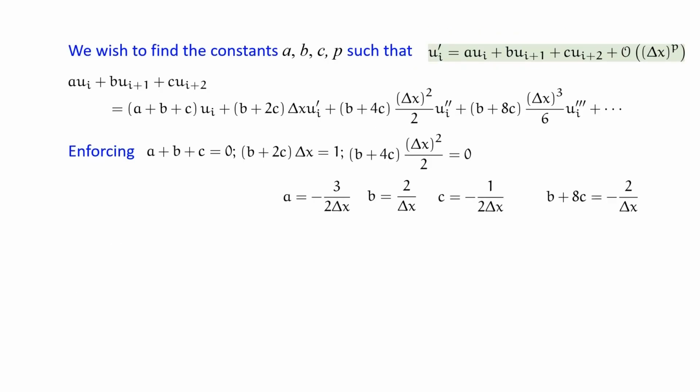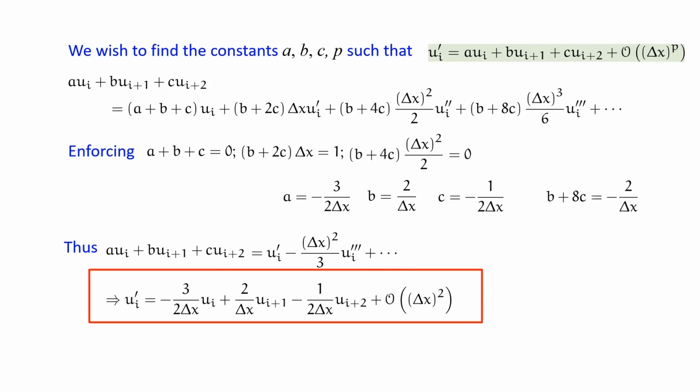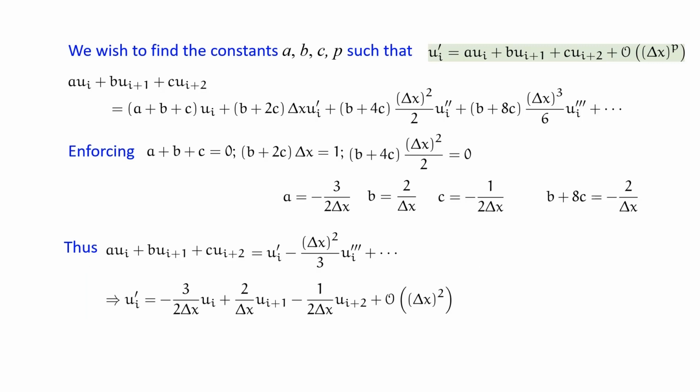We now see that with those a, b and c values, we can express u i prime equals minus 3 by twice delta x u i plus 2 by delta x u i plus 1 minus 1 by 2 delta x u i plus 2 and plus we have of the order of delta x square. Why delta x square?